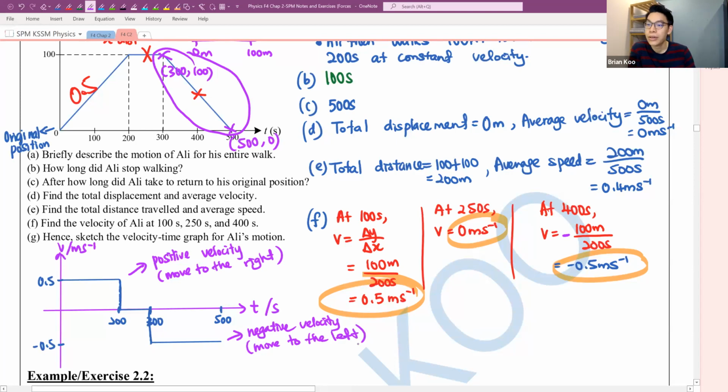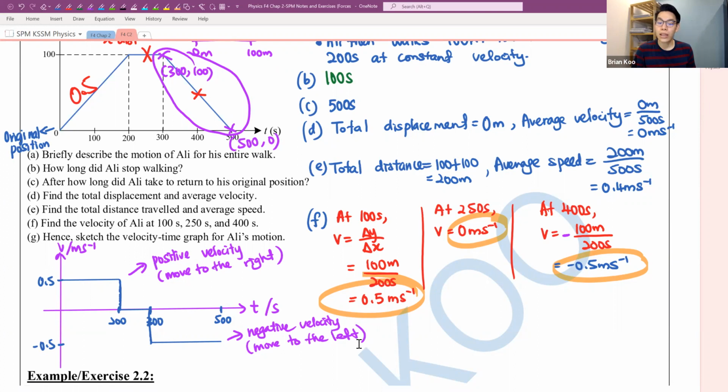You look at your notes, the first page. There's the table where I wrote, when is it positive velocity, when is it negative velocity. So it makes sense, Ali moved to the right and then moved back to the left. That's why he will come back to the original position.